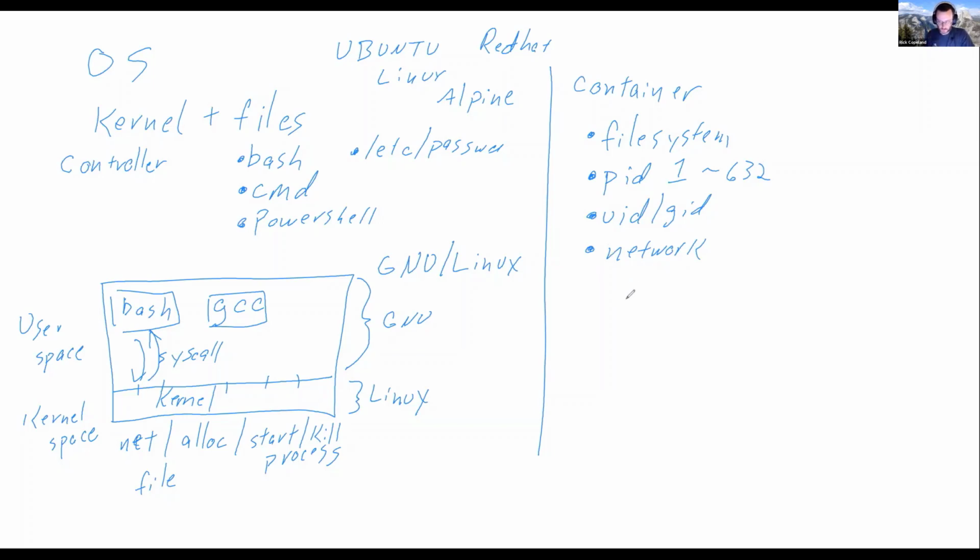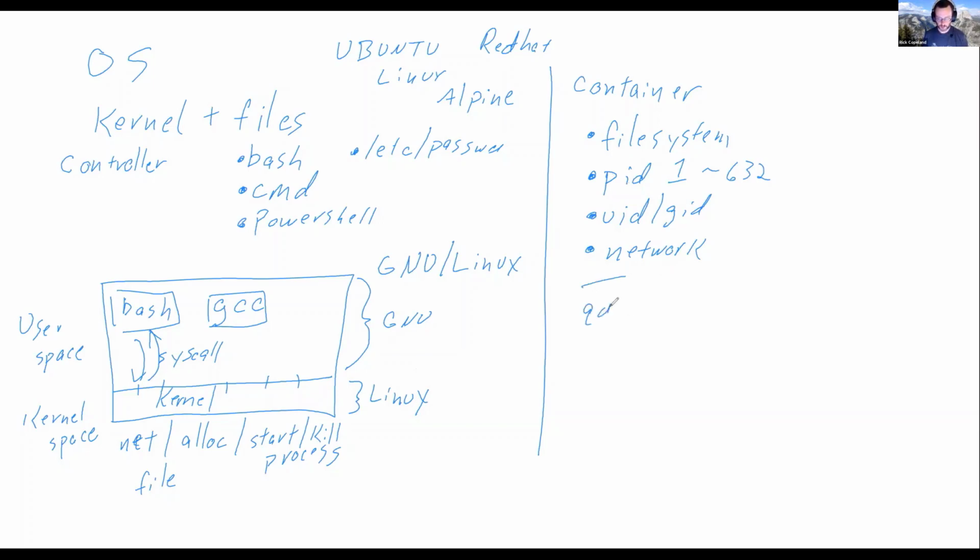Well, Linux provides the ability to set up what's called a virtual network. It's just a fake network that's all running in software, right? It doesn't actually need to use your physical network. You could have containers communicating with each other, and it never hits a Wi-Fi or an Ethernet or anything like that.